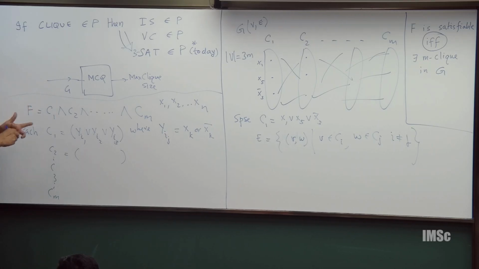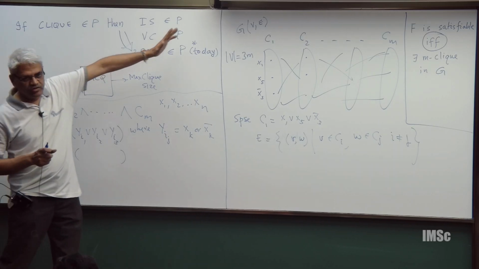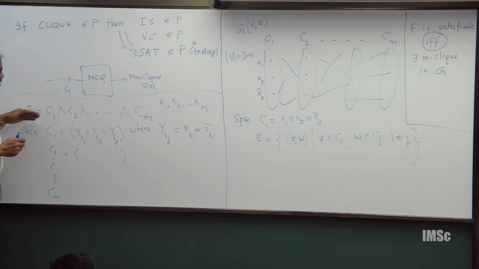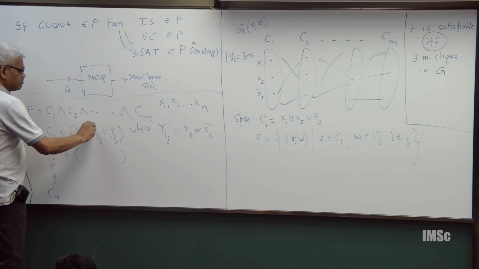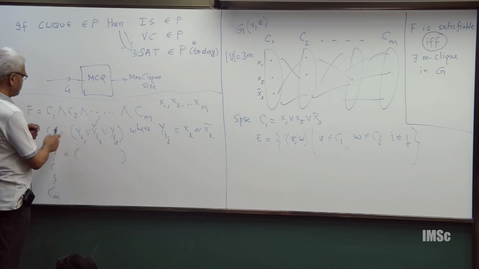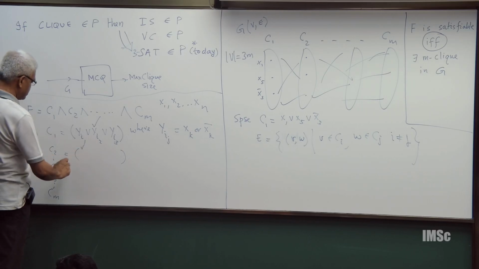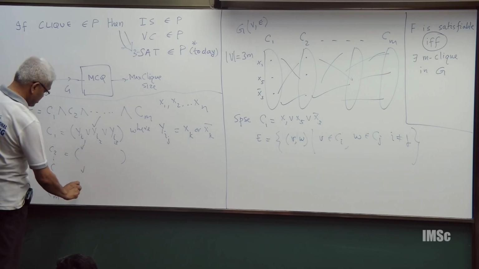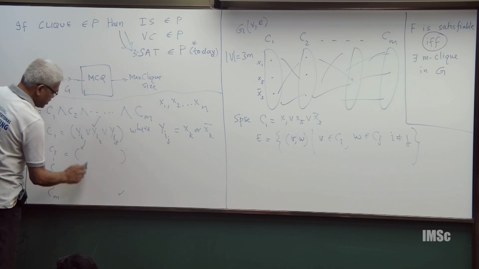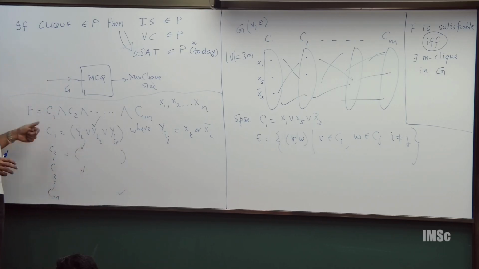So, let us pick that assignment. Suppose f is satisfiable, I am trying to do the forward direction, and I have somebody from each of the clauses satisfying that clause. So, maybe whatever that variable satisfied C 1, this satisfied C 2, this satisfied C 3, maybe this satisfied C m. Okay. There is some assignment to the xi's by which each of the Ci's is satisfied.